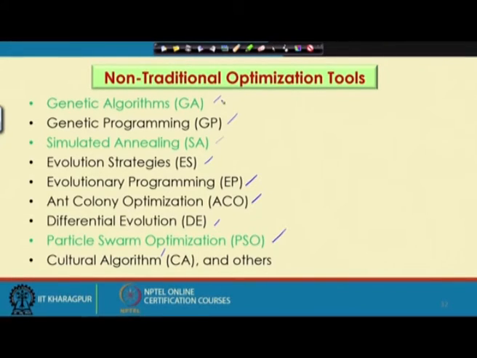If you see the literature, we have various versions of this genetic algorithm. It includes the binary coded genetic algorithm, the real coded genetic algorithm, the gray coded genetic algorithm, then comes the micro GA, messy GA, and so on.